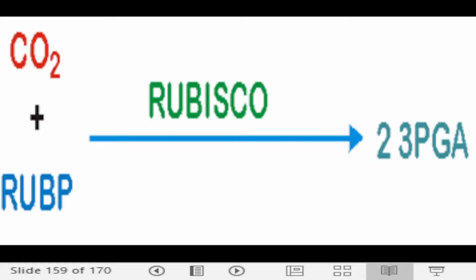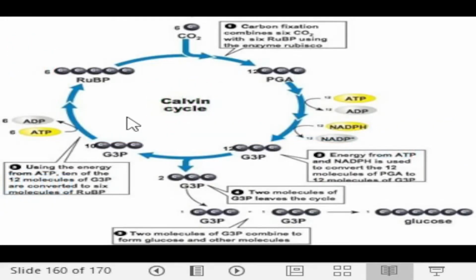Now, RUBP is a 5-carbon compound, as you could see in this diagram, plus you have here carbon dioxide.